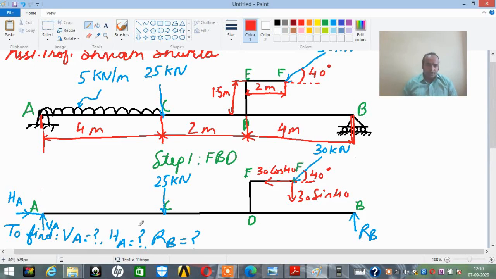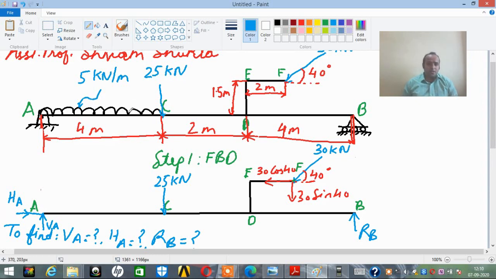Now I'll show the distances. Apart from that, only one uniformly distributed load is left, which is also known as rectangular loading. To convert this into a point load, how do we do it? It is acting on this entire beam surface, so we apply a formula resembling the area of a rectangle.